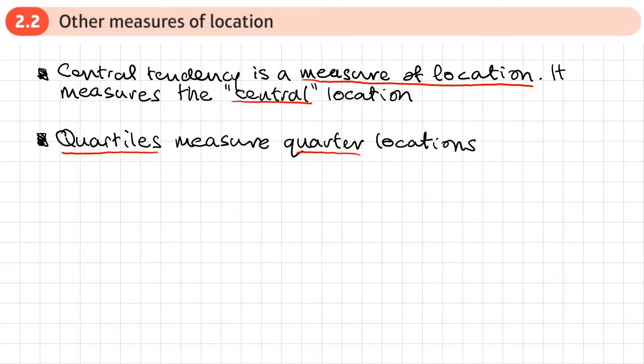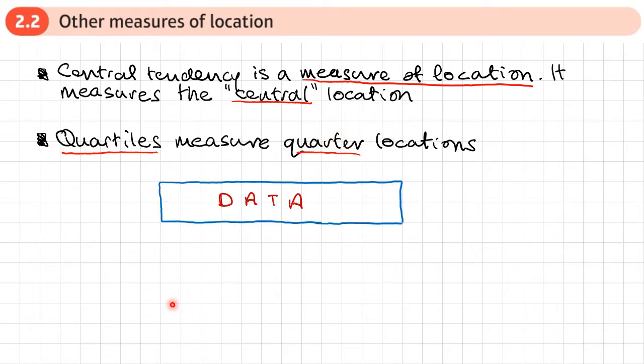Now, we could use quartiles to see what's going on in our data, and quartiles measure what I call quarter locations. So imagine this diagram here represents all of our data. Well, what we've looked at before is halfway through our data, and we've looked at what's going on in this central part. What's the central tendency?